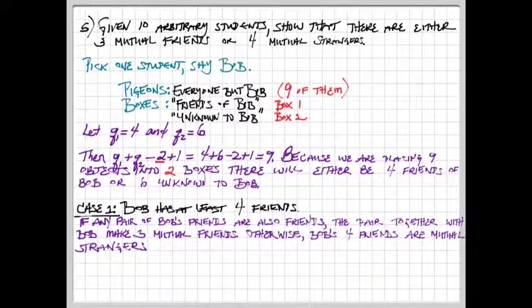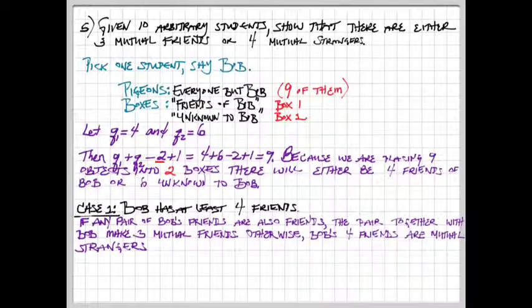Otherwise, everyone in the box has to be mutual strangers, but that means there are now 4 mutual strangers. So if Bob has at least 4 friends, we know the pattern we're looking for of 3 mutual friends or 4 mutual strangers has to occur.